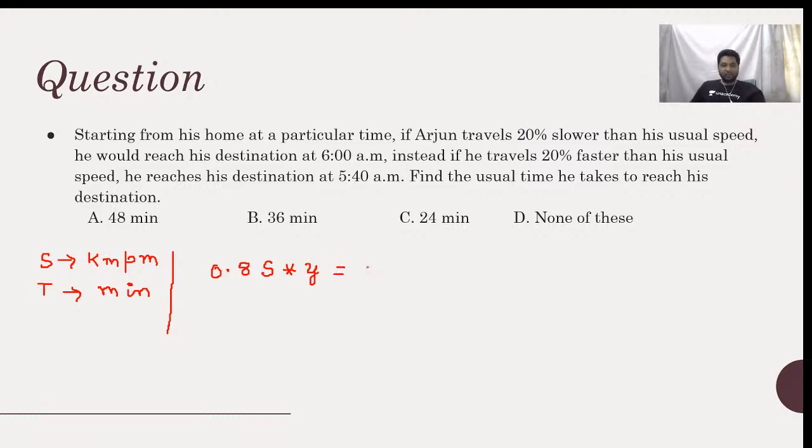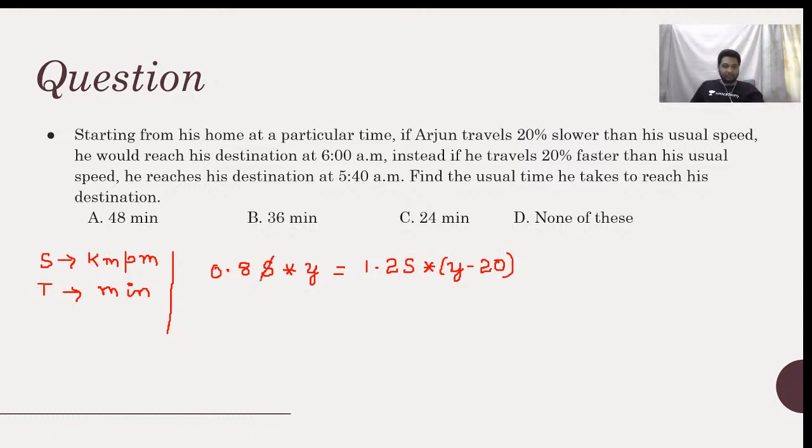Instead, if he travels 20% faster, that is 1.2 s, he will take 20 minutes lesser, that is y minus 20. Because he reaches at 5:40 itself. Instead of reaching at 6, he reaches at 5:40. Take y minus 20, isn't it?